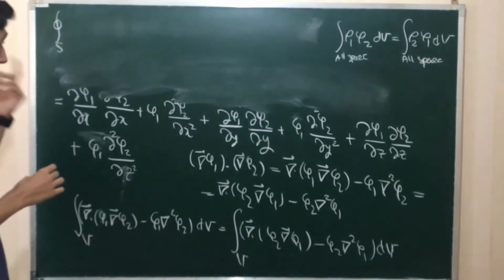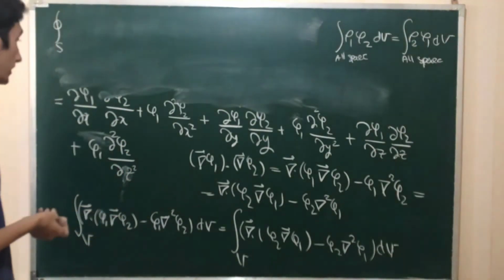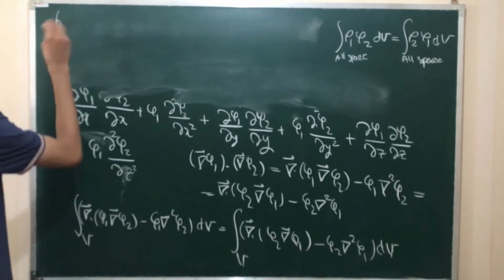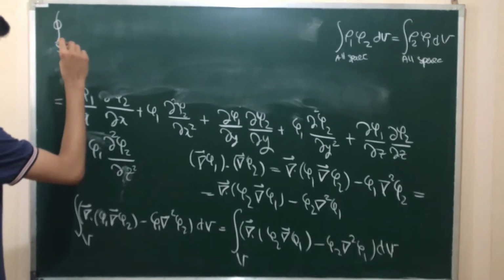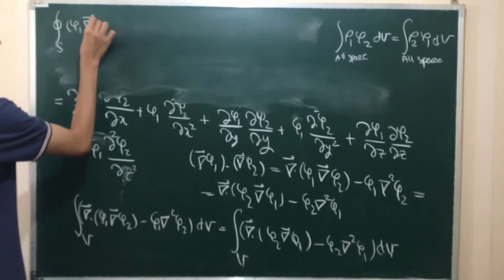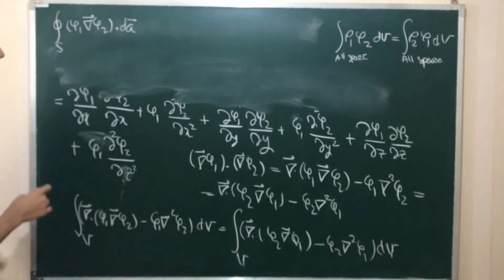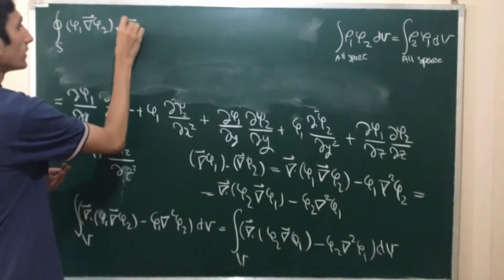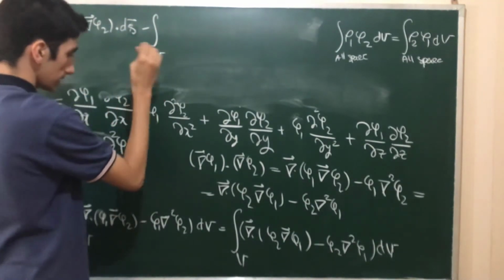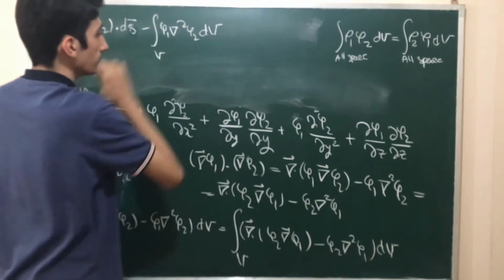I'm going to call it surface S, which is the boundary of this volume V. I can write this as the integral over S of phi 1 times the gradient of phi 2 dotted with dS, minus the integral over V of phi 1 times the Laplacian of phi 2 dV.